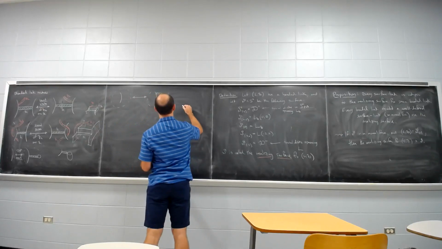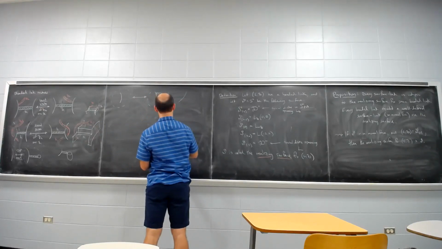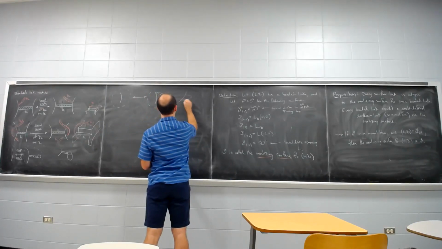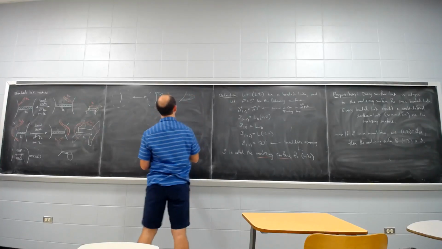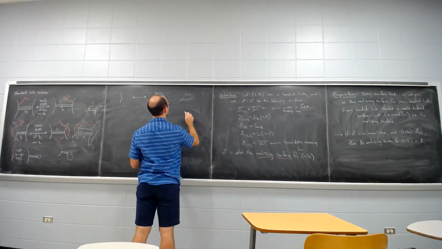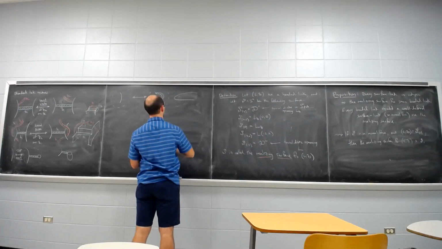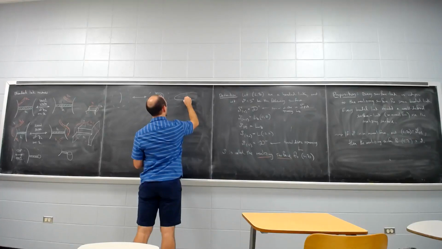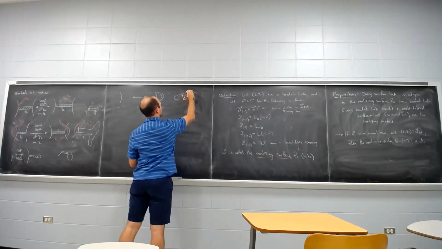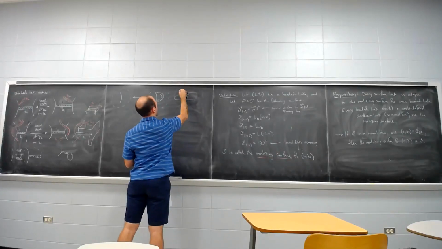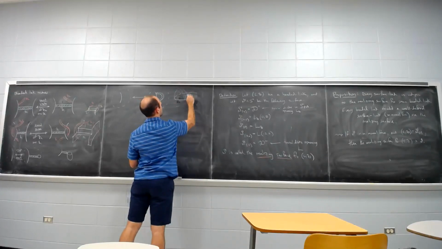This kind of highlights the asymmetric difference between cups and caps in a banded link, because then what do we see? How do I draw this? We have this sort of flattened boundary.